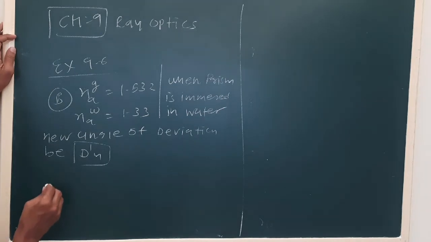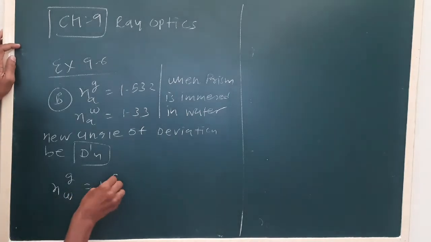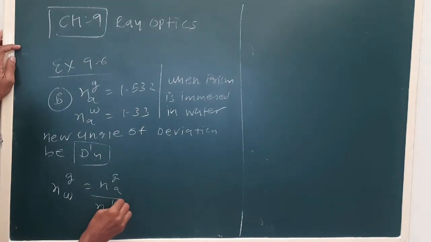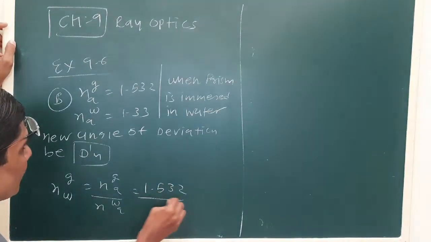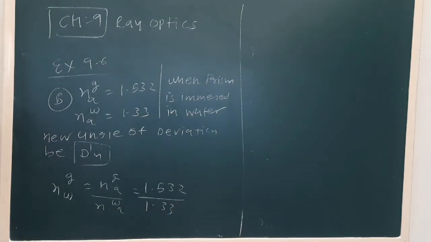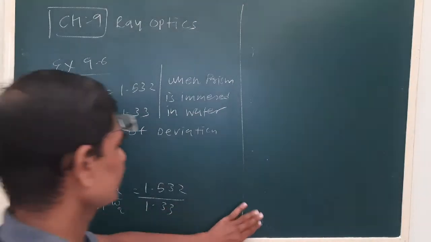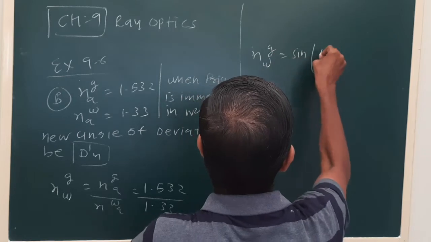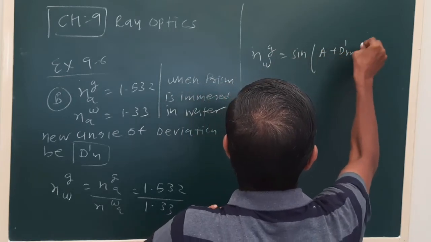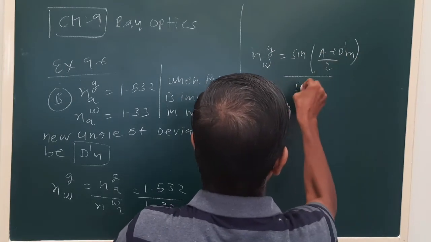Now see here, it will be n_gw, that will be n_ga upon n_wa, we can write. That is 1.532 upon 1.33. Okay, now see, sin((A plus D dash) by 2) upon sin(A by 2).